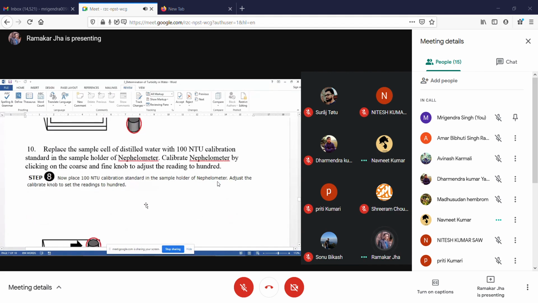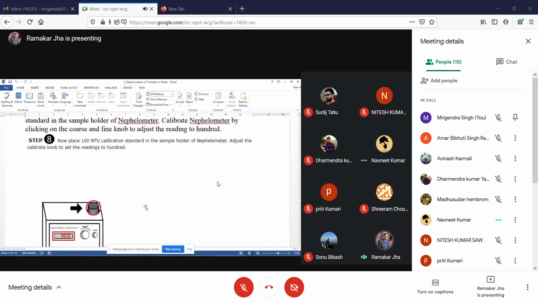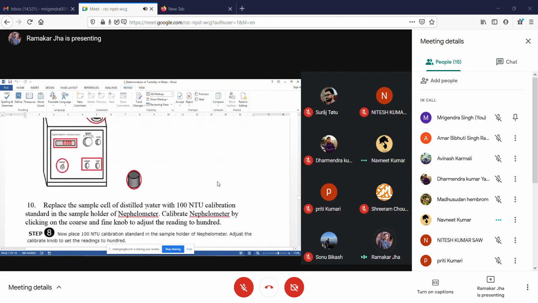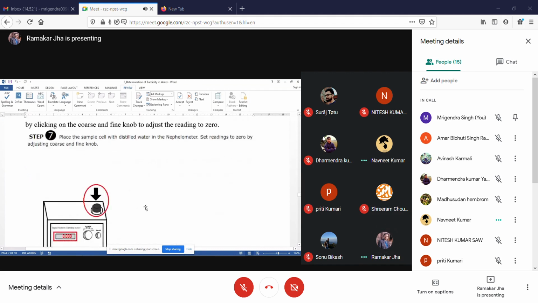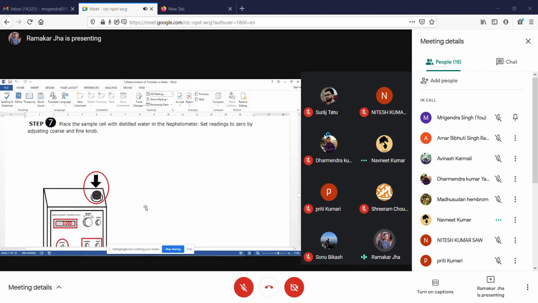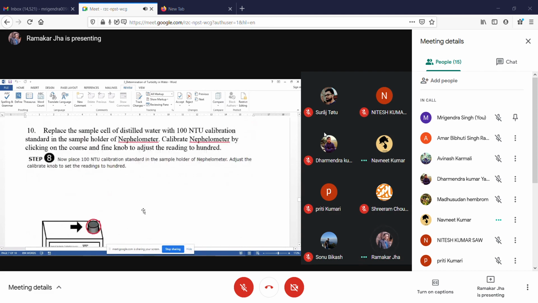Now place the 100 NTU calibrated standard in the sample holder and adjust the calibrate knob to set the reading to 100. So first we have set it to 0, and then we know that a 100-value calibrated sample is with me.